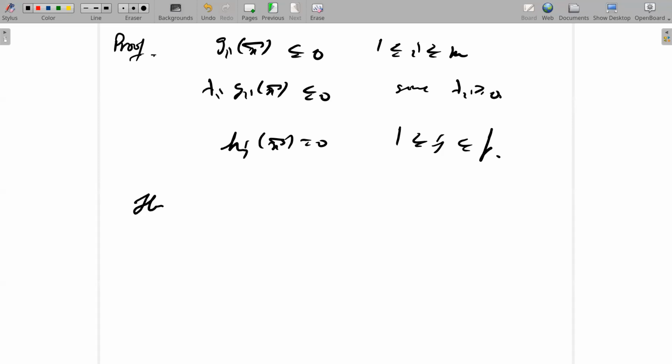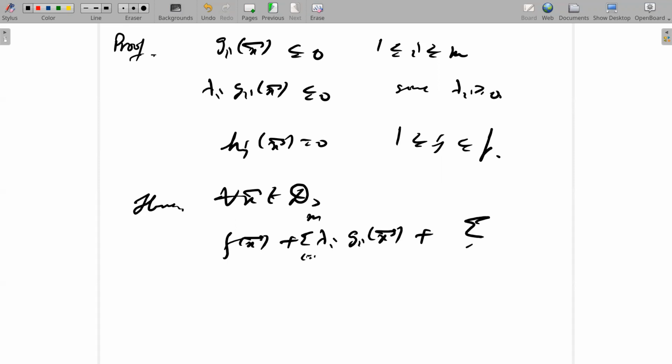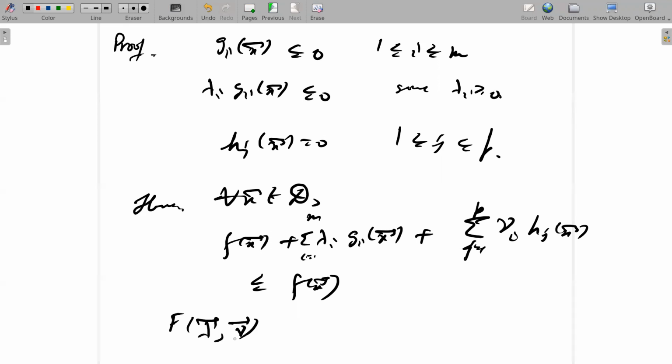Hence, for all x in the feasible set, f(x) plus the summation i equals 1 to m of lambda_i g_i(x) plus the summation j equals 1 to p of nu_j h_j(x) is always going to be less than or equal to f(x). All these are negative, so when I take the infimum, it's going to be less. So f of lambda, nu, by definition the infimum, is less than the infimum over the feasible set of f(x), which is exactly equal to p star.